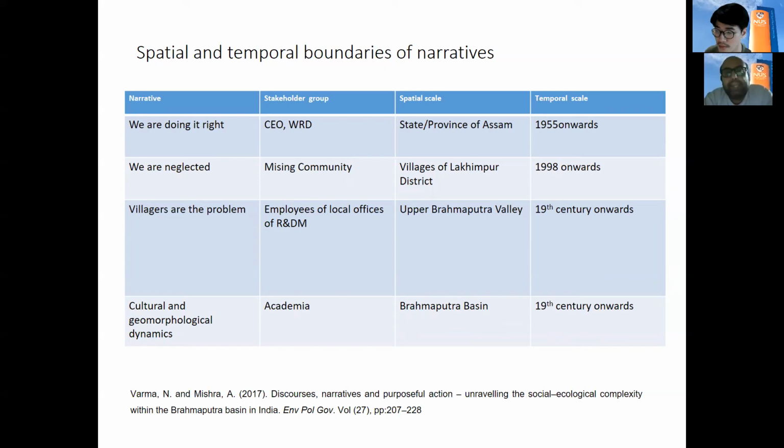The academia feel that it is not the issue of few villages or a province, but it's a whole problem of the river basin, where after a huge earthquake of 1950, there have been changes in the river width and depth, and as a result, there have been cultural issues within the community. So these narratives appear as though they have their own spatial and temporal scales.